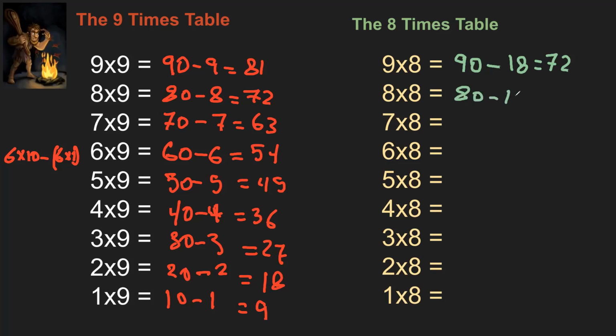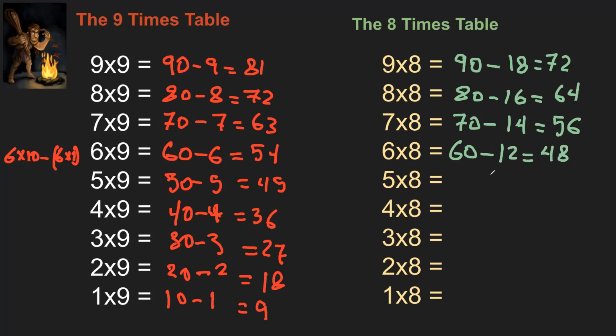Take away double the 8, take away 16. That will give you 64. Yes, it works. So here you take the 7, multiply it by 10, you get 70. And take away double the 7, take away 14, and that will give you 56. And this will be 60, take away double the 6, 12, 48.